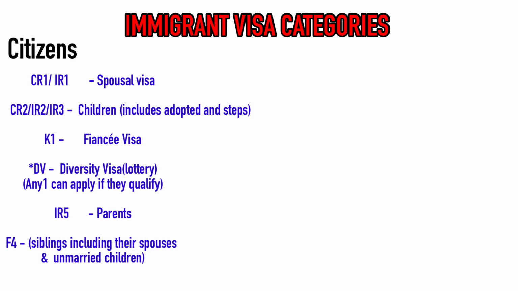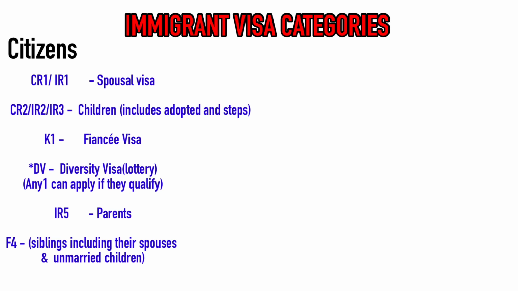If at the time that you are entering the country your marriage is less than 2 years, then that will be the category you are in, CR1. Then we have IR1, which is also the spousal visa of a citizen, but once your marriage is more than 2 years, that is the category you fall into.